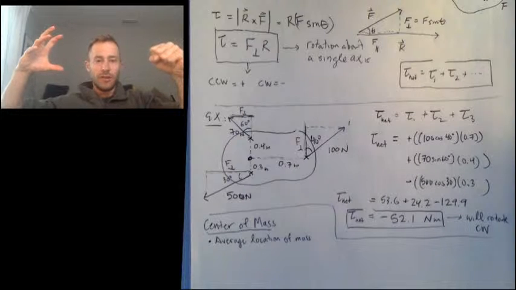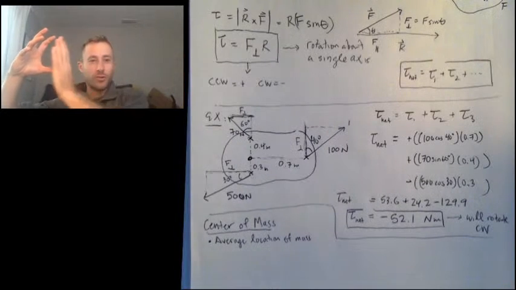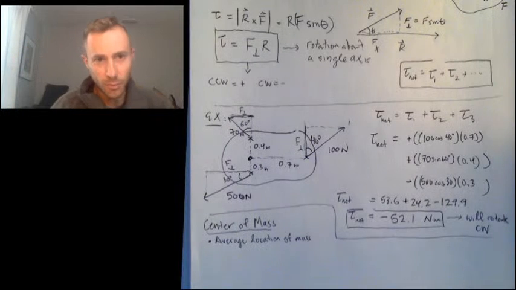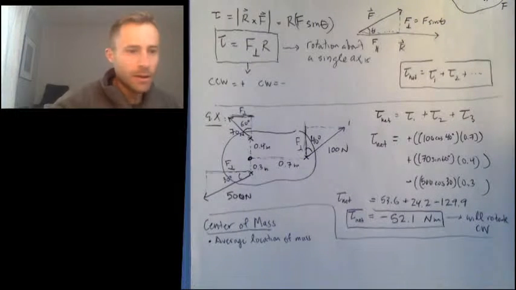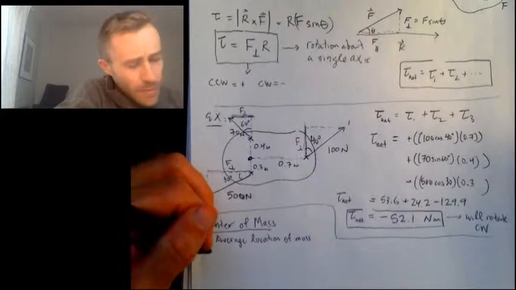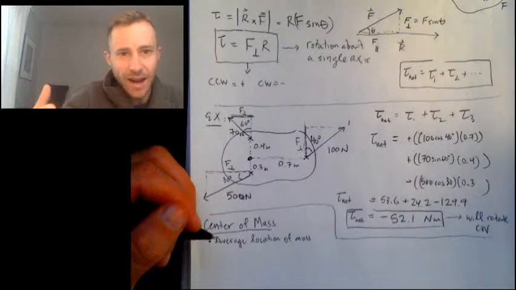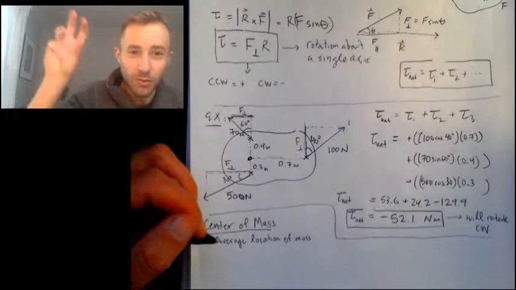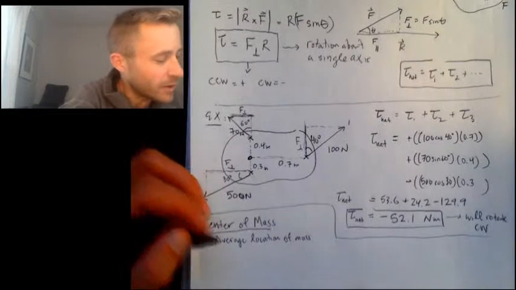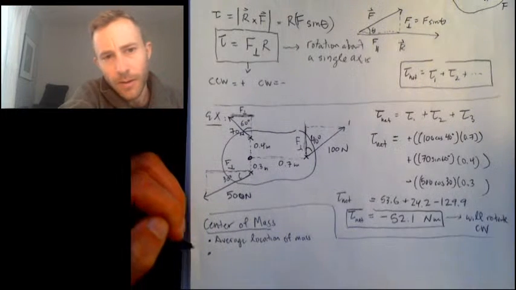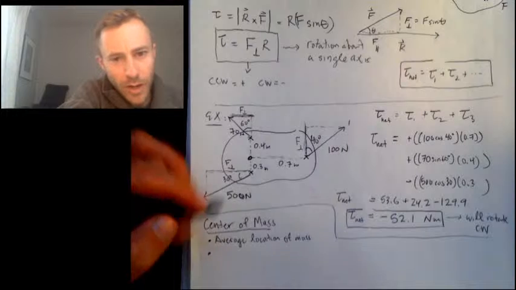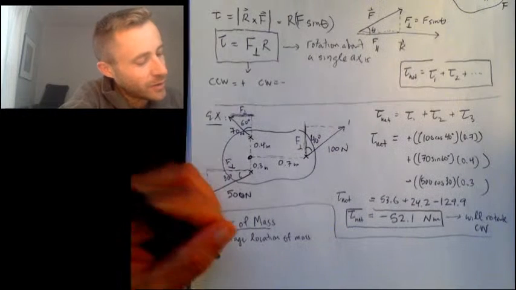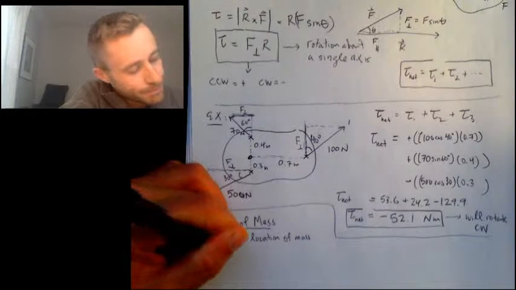Then it's more skewed. The center of mass is going to be more skewed towards the side where there is more mass. So it's actually a weighted average. The more massive a particular location is, the closer the center of mass is going to be to that location. The other way that you can find the center of mass is it is the balance point.